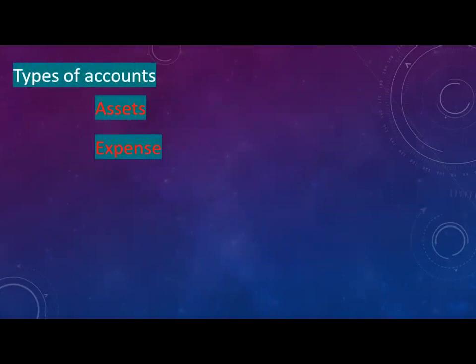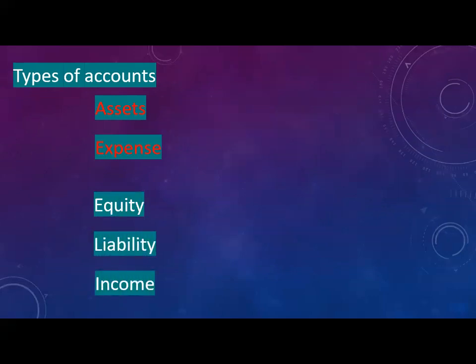So when you come to types of accounts, I used to say asset, expense, equity, liability, income. In English grammar, you see, I, you, they, we, these four come to one category, right?